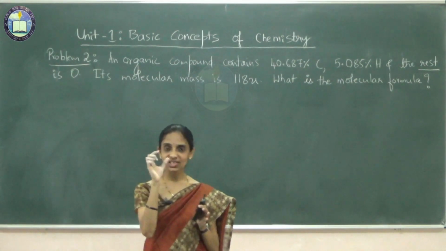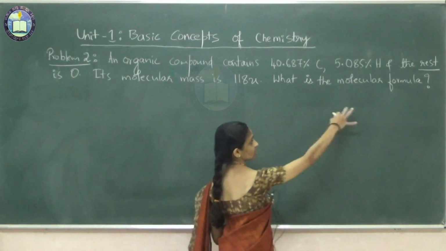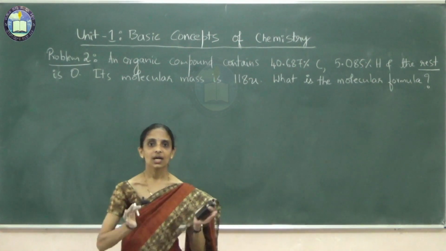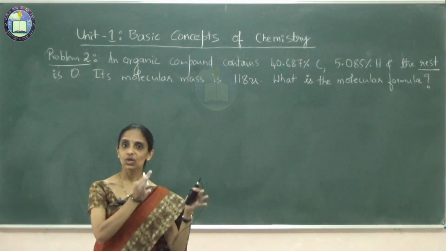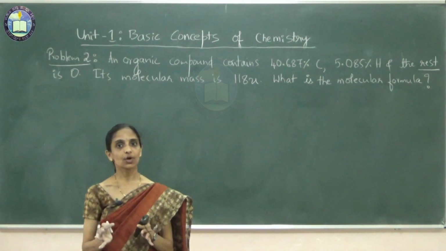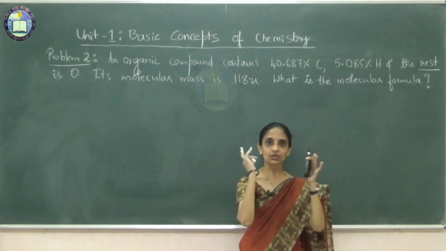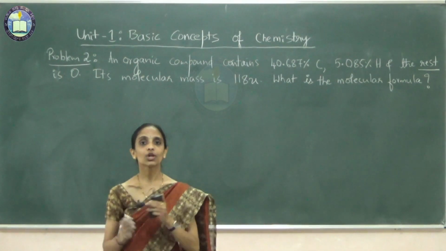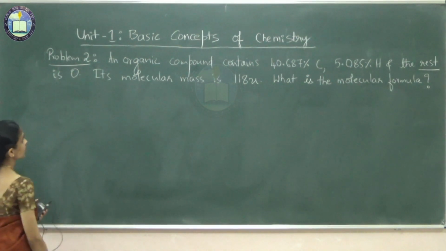We just want the number here. Then what is asked here? The molecular formula is asked. And in order to get the molecular formula, you know that you have to first find out the empirical formula, and then the molecular formula. Okay, let us start solving the problem.